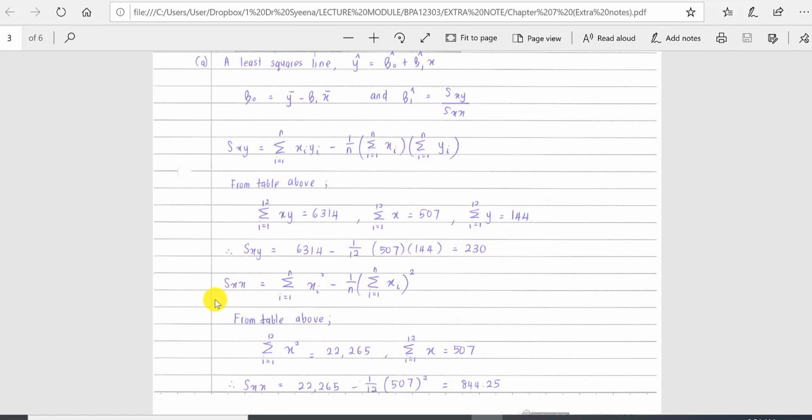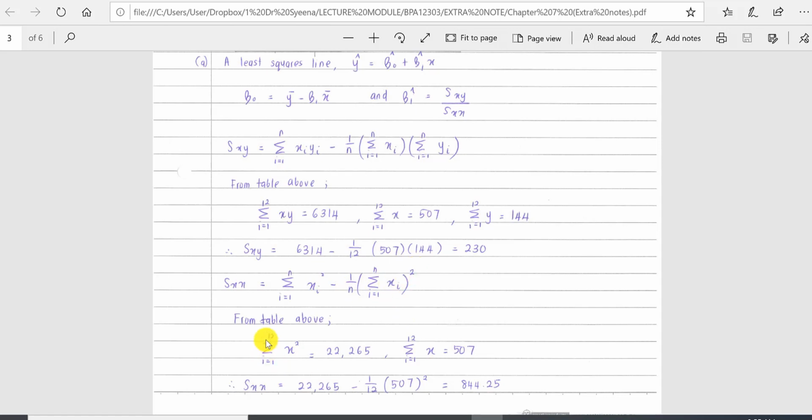Now we must calculate the value of Sxx. The formula of Sxx is the summation of x squared minus 1 over n times the summation of x, but squared. I repeat, the summation of x, the total of x, then you square. So there is a difference between the summation of x squared and the summation of x squared: this one is the summation of each x squared, and this one is the summation of x, then you square.